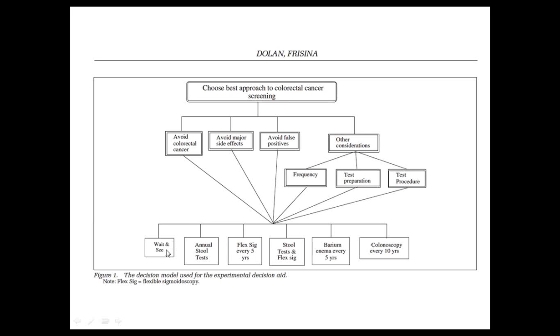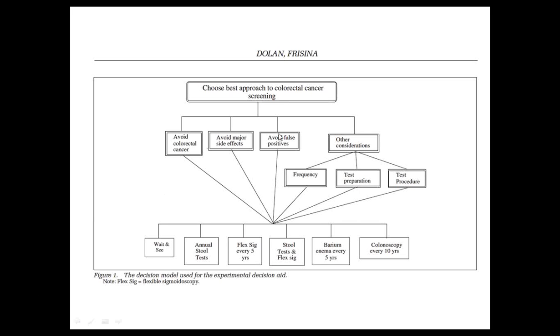The wait and see, so that is no screening, annual stool tests, flexible scope every 5 years, a combination of both, a barium enema every 5 years, and a colonoscopy every 10 years.